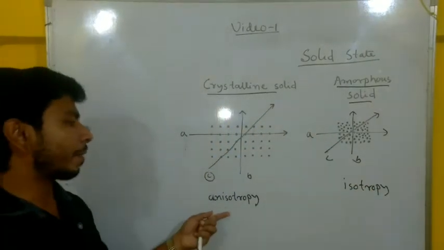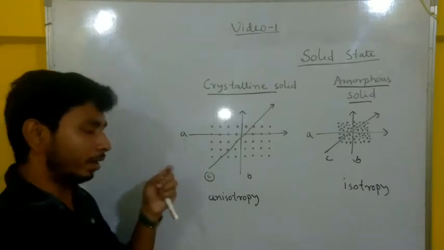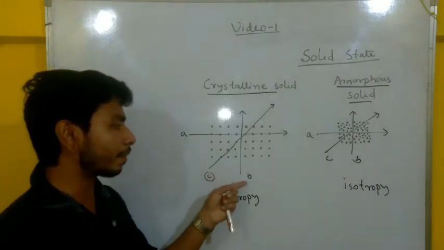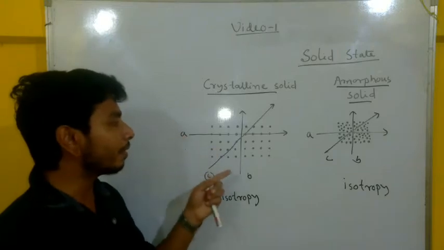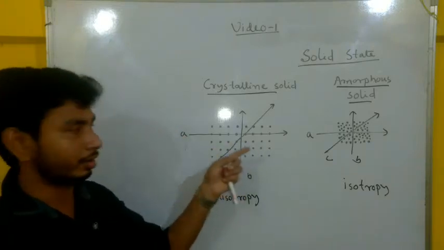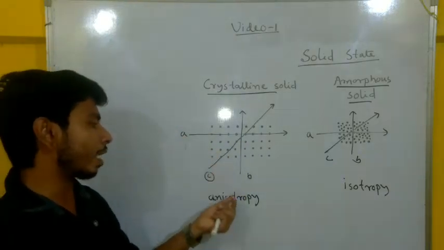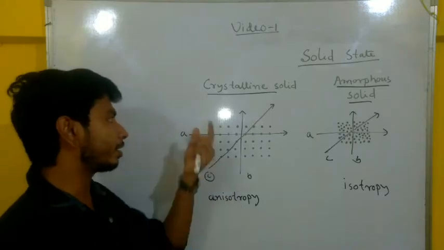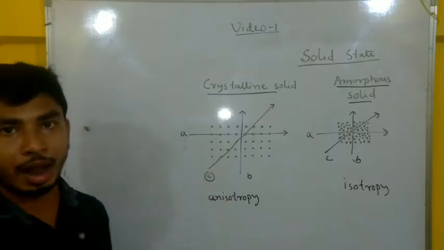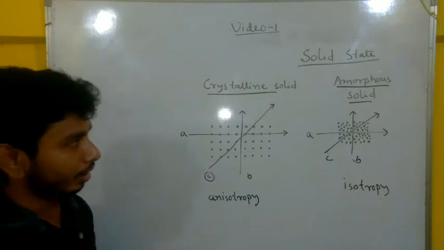Anisotropy means the value of a physical property will be different in different directions. So this property is called anisotropy, that is, crystalline solids are anisotropic in nature.